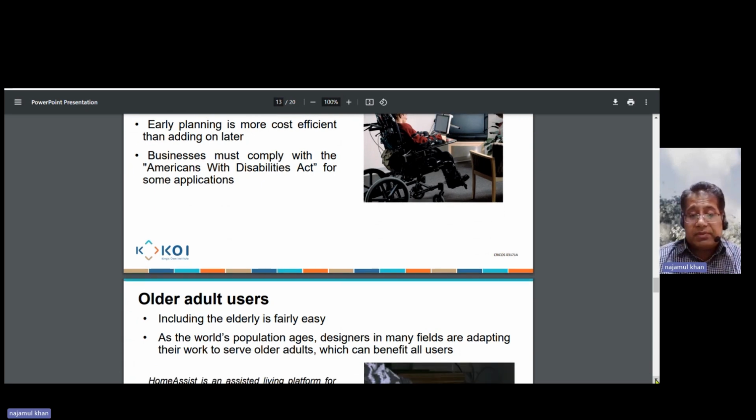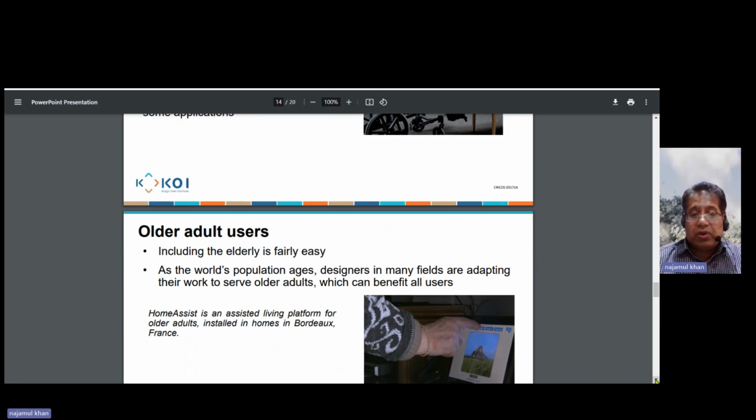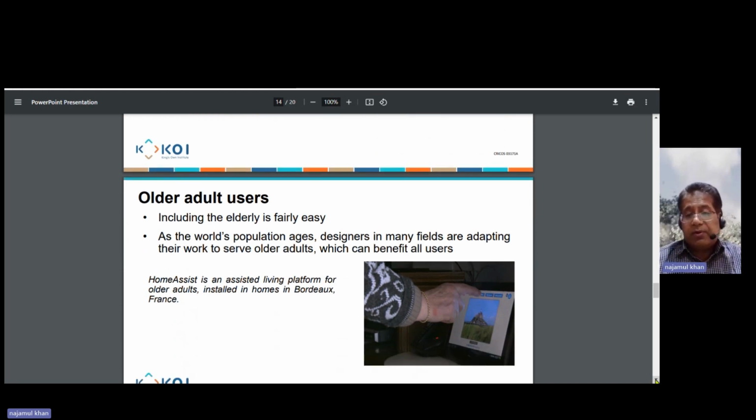Okay, now apart from disabled users, older adult users are also one of the important population groups. As we know, the world population is aging, so now we are talking about millions, even billions, of these users.